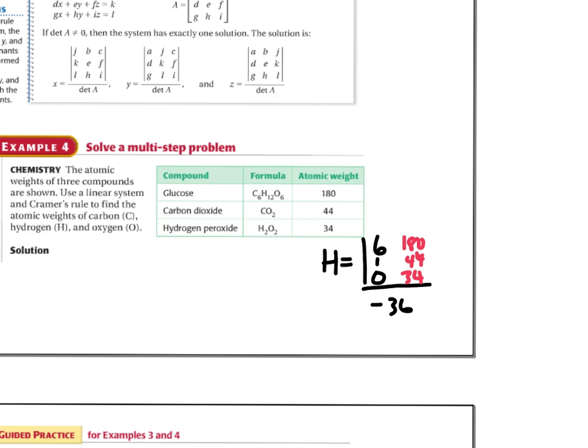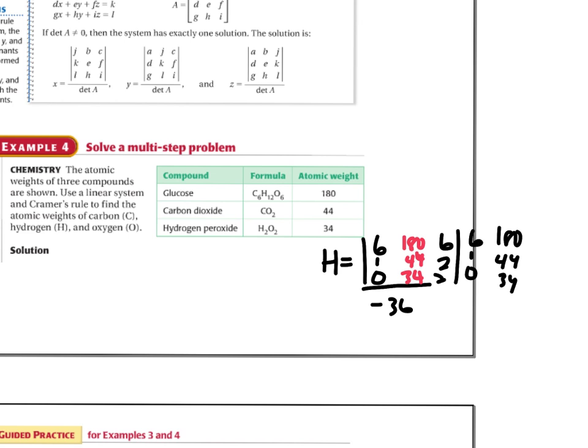And then our final column is just the numbers for oxygen, 6, 2, and 2. And again, it's a 3 by 3, so I need to add that third column. Here's 180, 44, and 34.